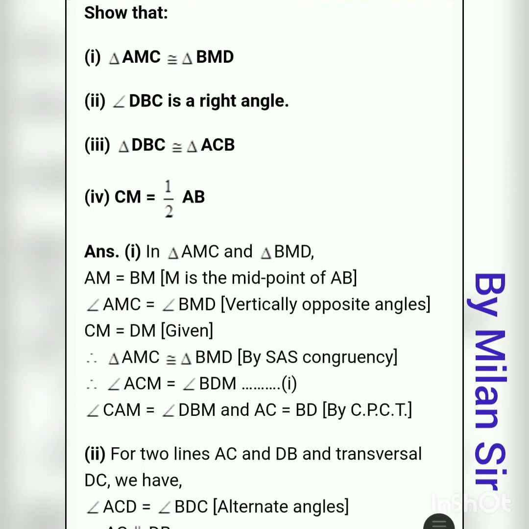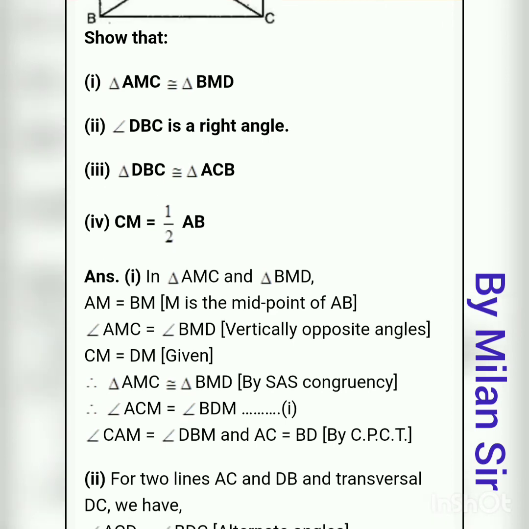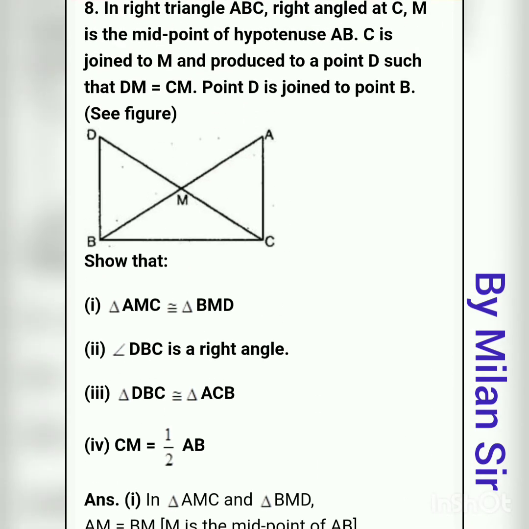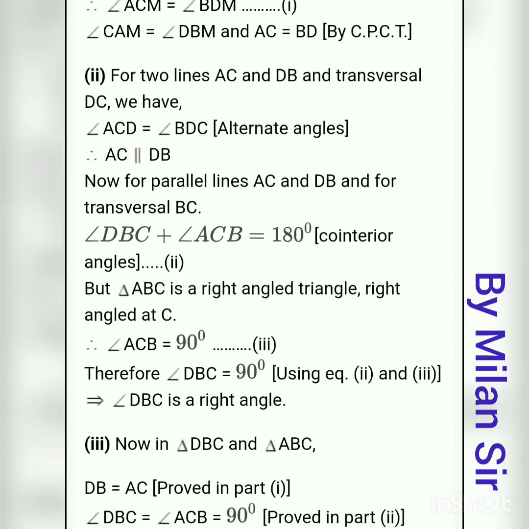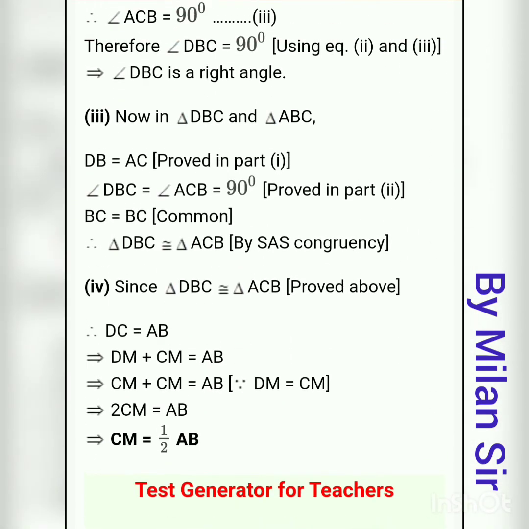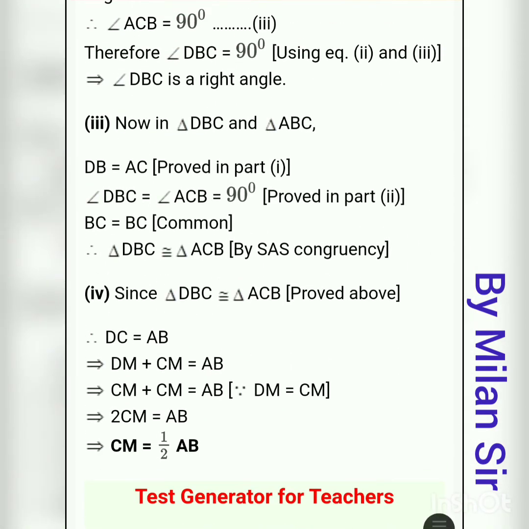Now finally fourth question, CM is equal to half of AB. So how can we prove that CM is equal to half of AB? We already proved that triangle DBC is congruent to triangle ACB.